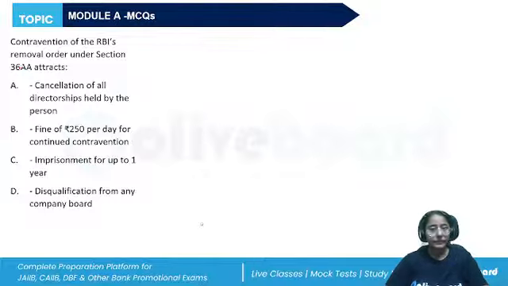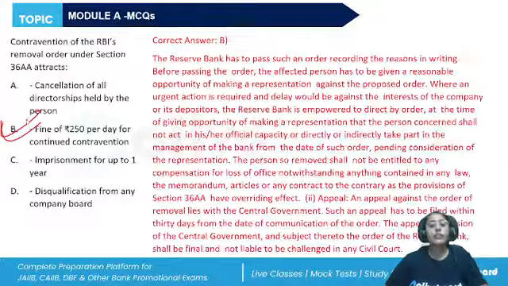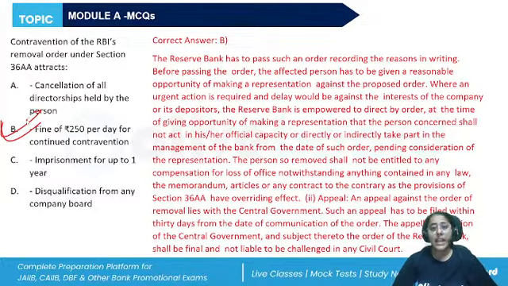Right. So, if it is a continued offense, meaning that the contravention is continuing for more than 1 day, then a fine of rupees 250 per day for the continued contravention. Whenever RBI is passing such order, they have to do it in writing, they have to give the reasons in writing.